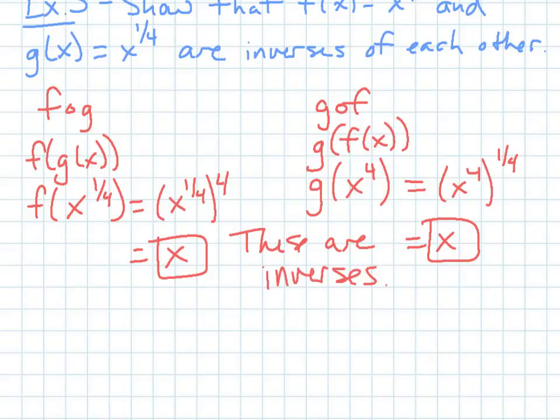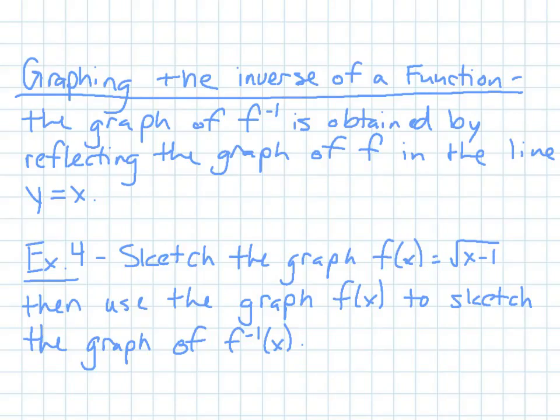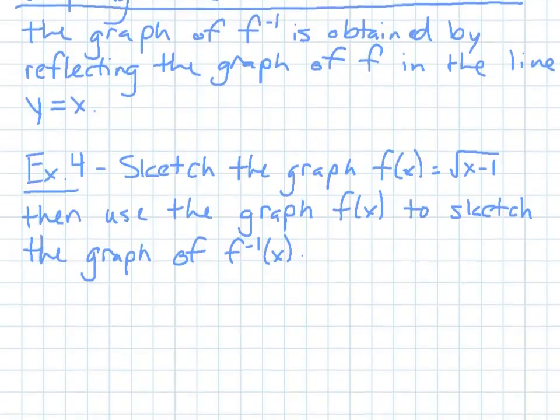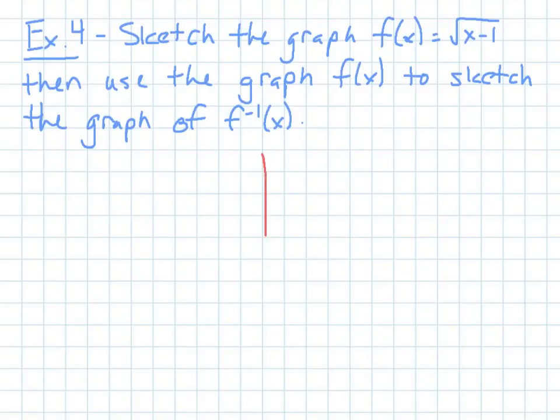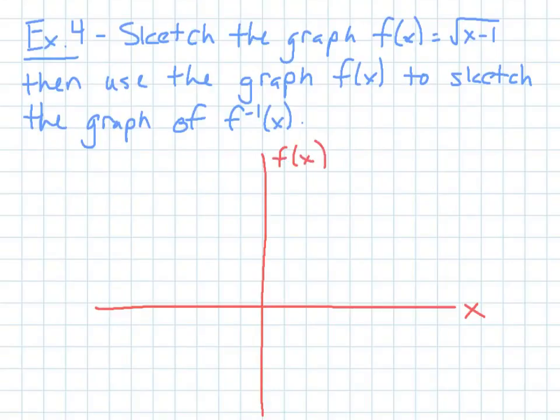Okay, and then the last thing is graphing the inverse of a function. The graph of f inverse is obtained by reflecting the graph of f in the line y equals x, or over the line. So here if I have a graph, okay, and let's say they want you to graph f of x equals square root of x minus 1.